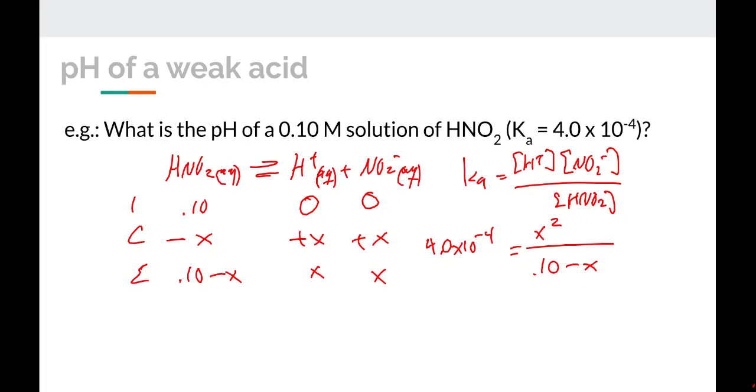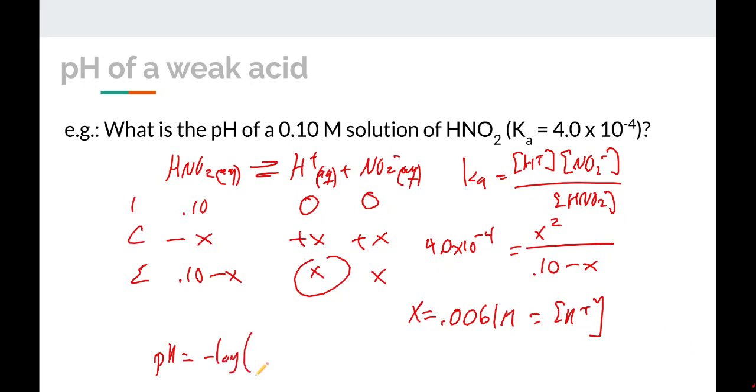You can just solve the quadratic. It's pretty easy to do. Whatever strategy you use, you should come up with X being equal to 0.0061 molar. And because that's the concentration of H+, that's going to help us get towards pH, because pH is the negative of the base 10 logarithm of that concentration, and so that comes out to 2.21.